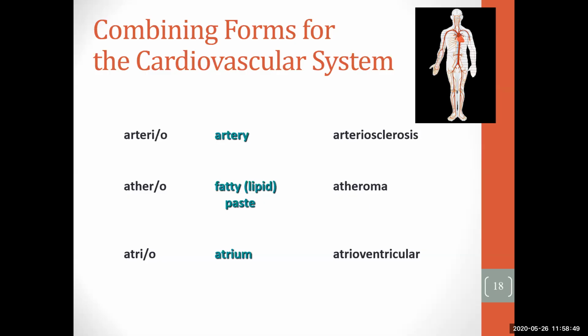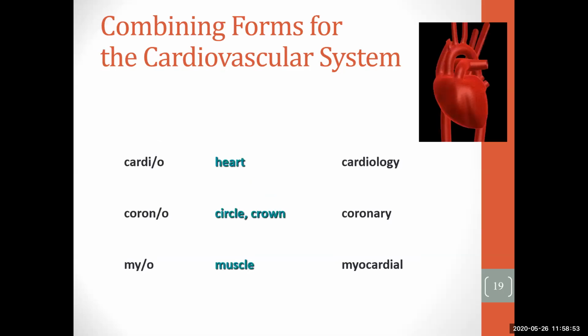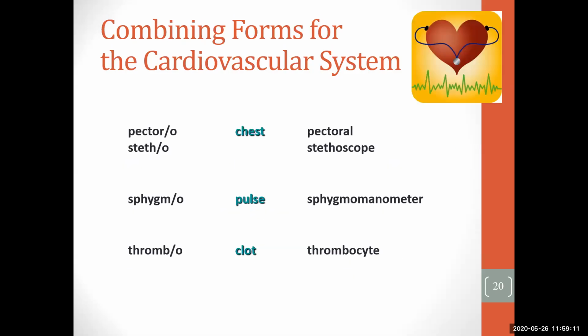Atrio is atrium. Atrioventricular is pertaining to both the atria and the ventricles. Cardio is heart, so cardiology is the study of the heart. Corono means circular. Coronary pertains to the arteries that are circular in nature. Myo is muscle, so myocardial is pertaining to the heart muscle.